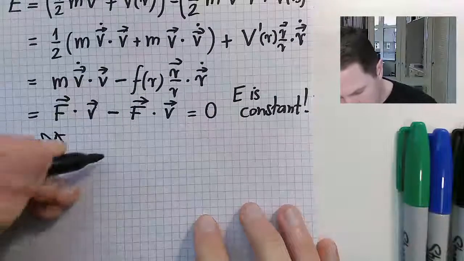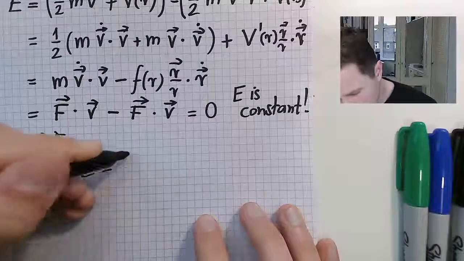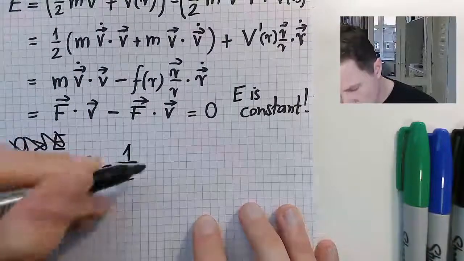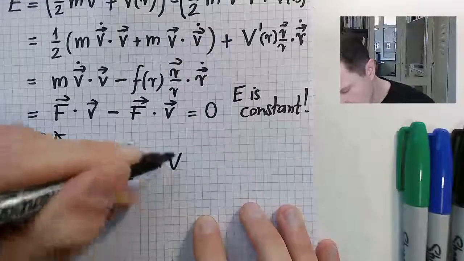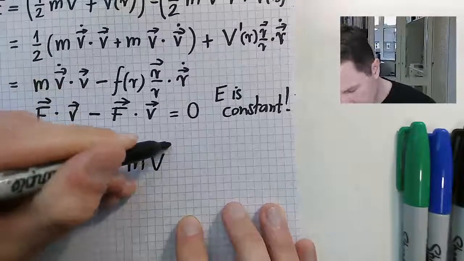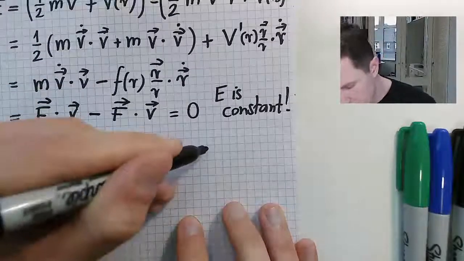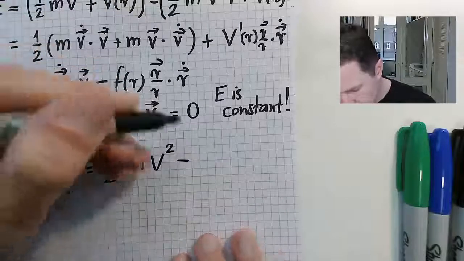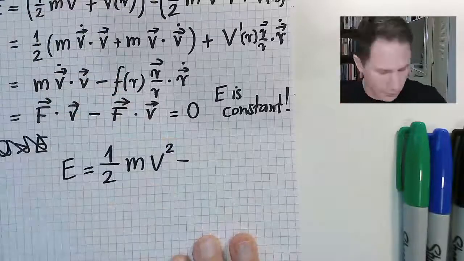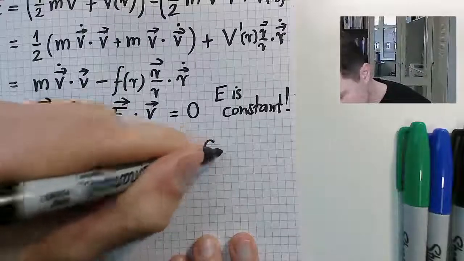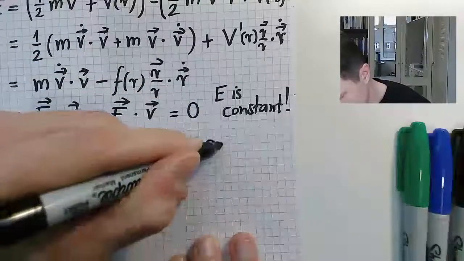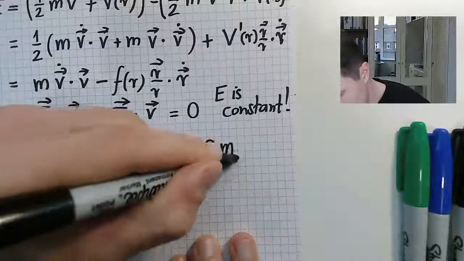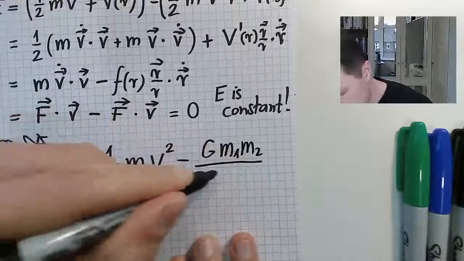So here I have the total energy, that is 1/2 times the mass of my object times its speed squared minus G times m1 m2 over r.